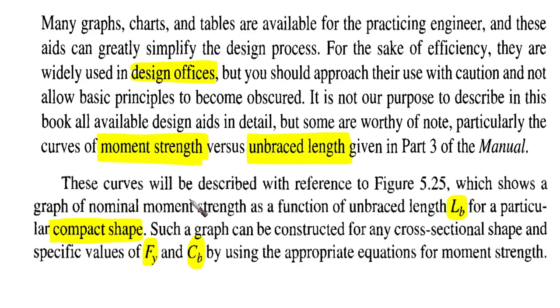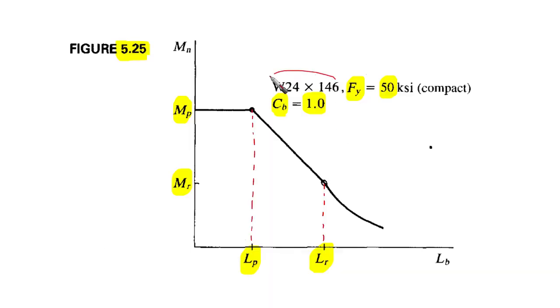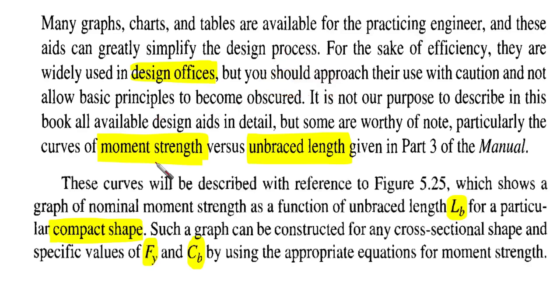These curves will be described with reference to this figure, which shows a graph of nominal moment strength as a function of unbraced length, which is LB, for a particular compact shape. So this is a compact shape, and the horizontal line, as you can see here, is denoting Mp.